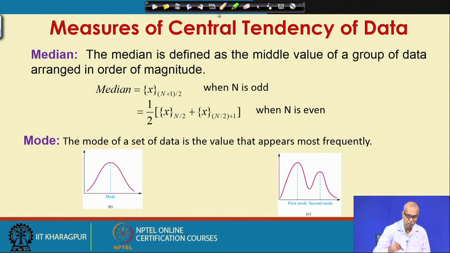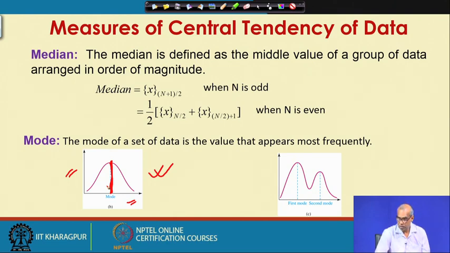Now, if I have several observations and I make a frequency plot like this, basically you plot observations, those values versus frequency, and if I get a curve like this, this is the value that happens most frequently. So, this is the mode of this set of data.